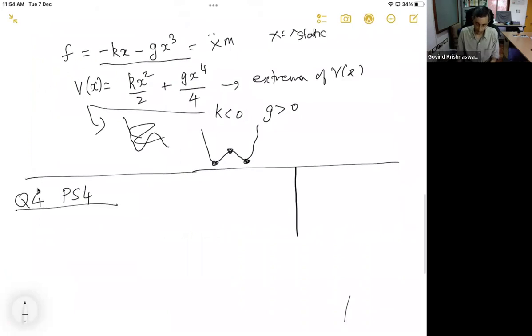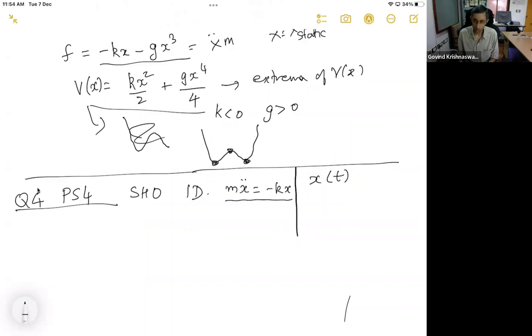This concerned the simple harmonic oscillator in one dimension, and the equation of motion was m x double dot is equal to minus kx. Many of you have written it with vector symbols, x hats, and so on. But at the end of the day, it is really in one dimension, so there is only one dynamical variable x of t, and one can write it in this simple manner. But it's okay if you have added x hats.